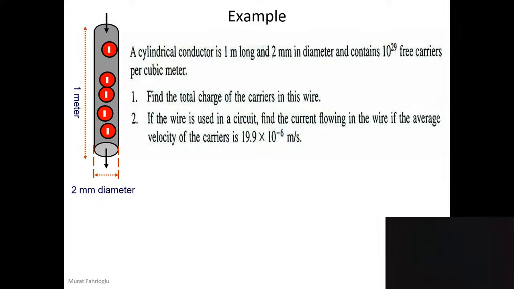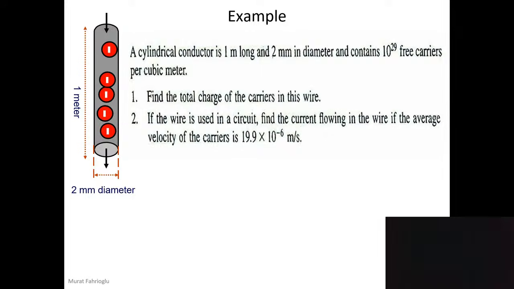Next, an example. Consider a cylindrical conductor, 1 meter long and 2 mm in diameter, and it contains 10 raised to 29 free carriers per cubic meter.